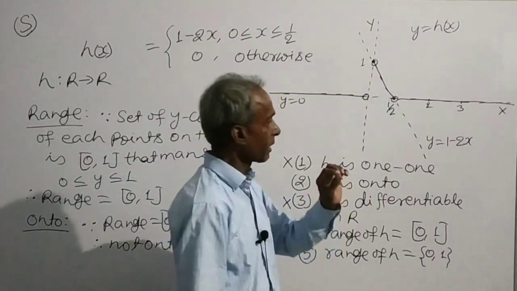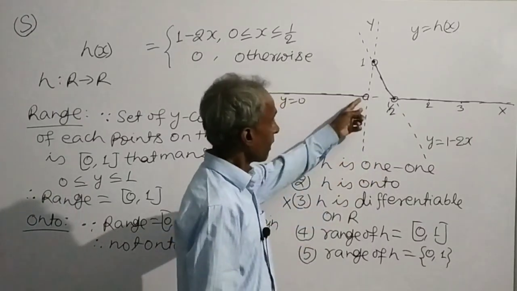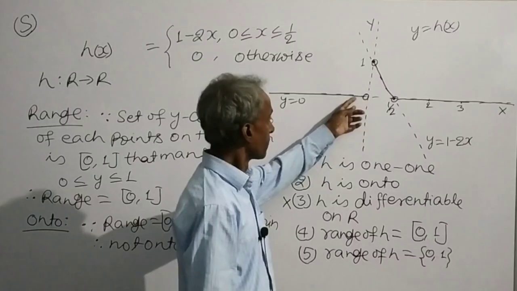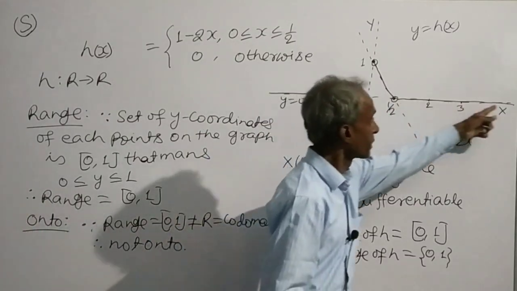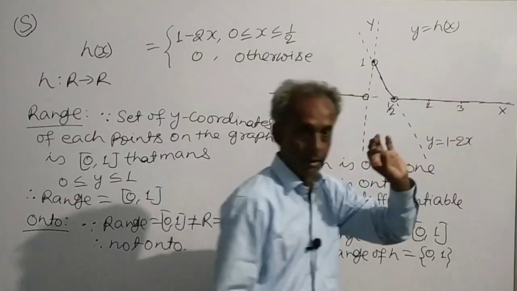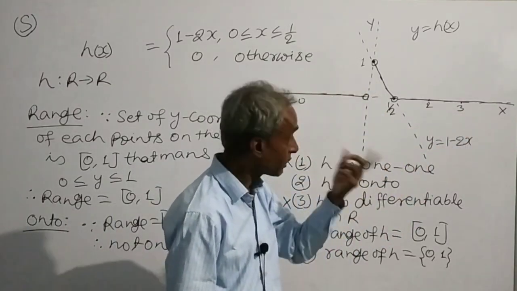The y coordinates of points on the graph lying on this part or this part are equal, and they are 0.